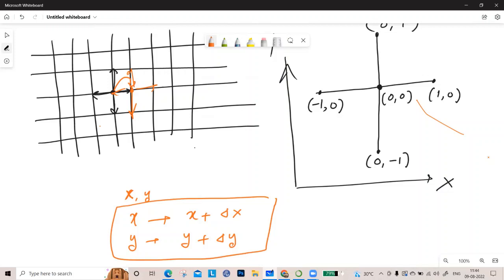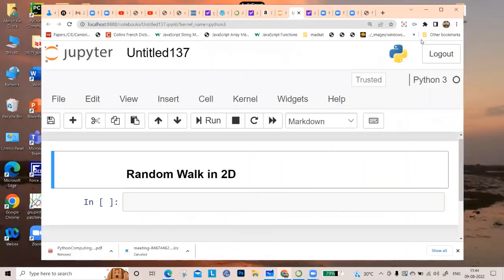And delta x and delta y can be plus or minus 1. So let me create this in the computer with Python.